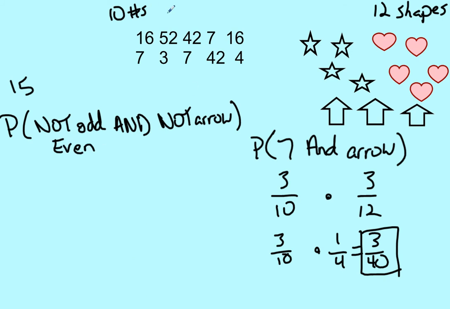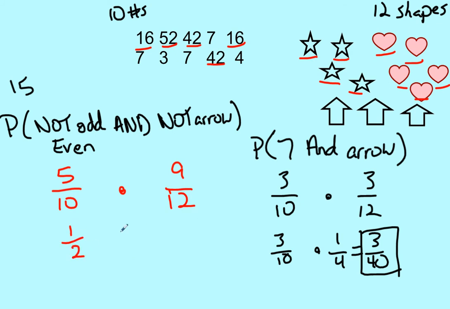So we look at which of our numbers are even. 1, 2, 3, 4, 5. Well, that's not too bad, right? 5 out of 10. We say how many of our shapes are not arrows? Well, these 4 stars are not arrows, and these 5 hearts are not arrows. So that's a total of 9 out of 12. Simplify these. 5 tenths is 1 over 2. 9 twelfths is 3 over 4.